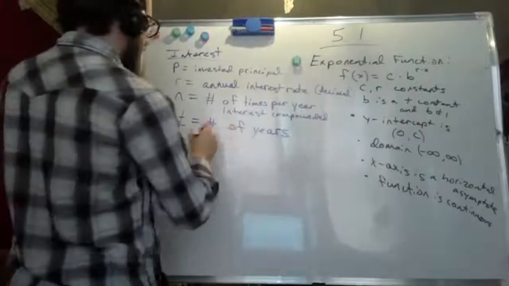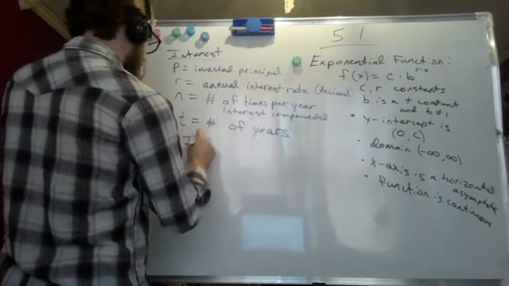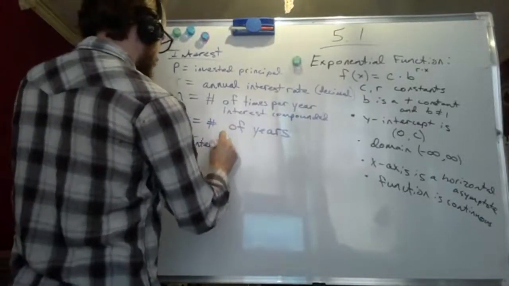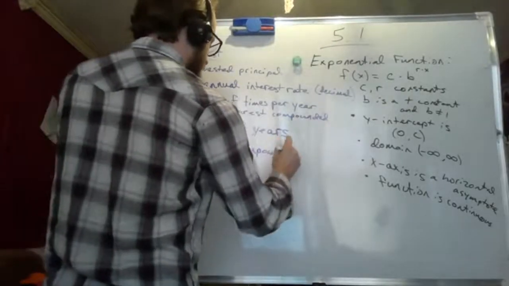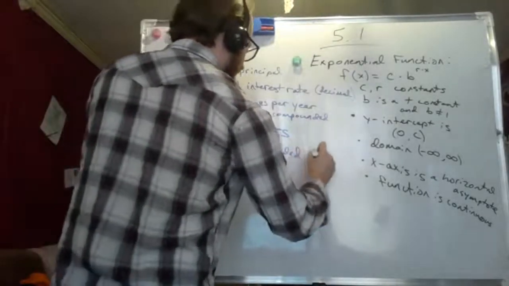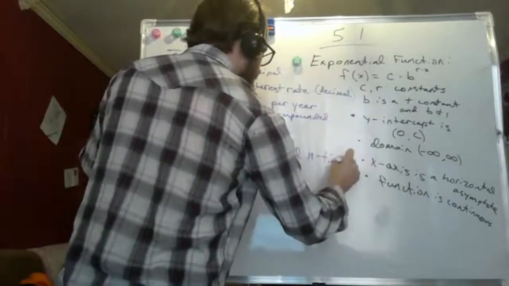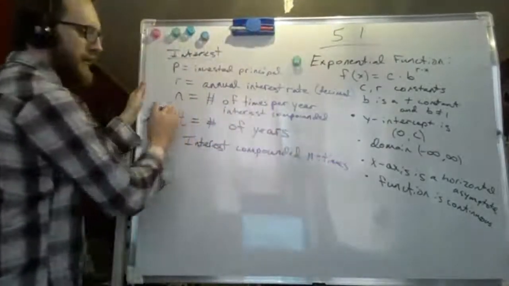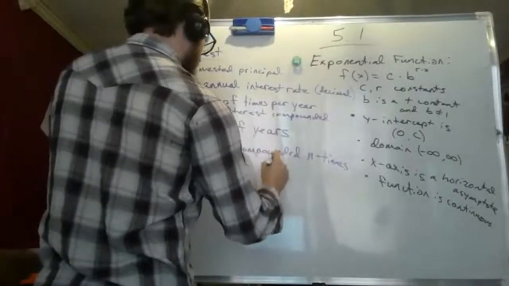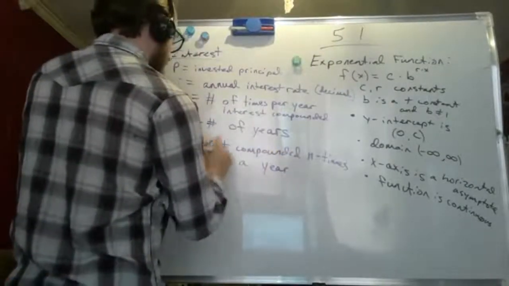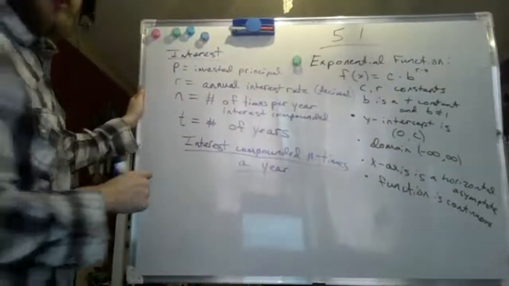This equation is called interest compounded n times, so n, that's the same n up here, n times a year. This is a very important equation you're going to be using over and over again with these kind of questions.